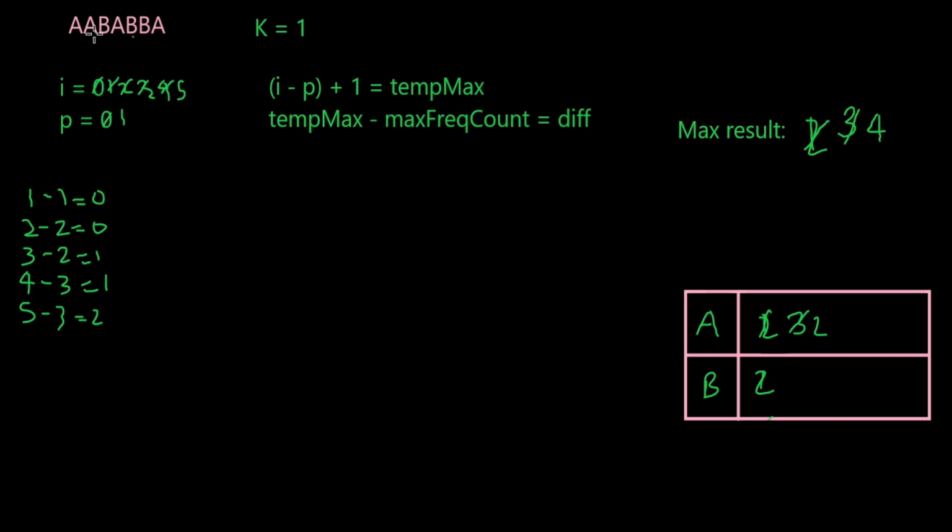And so our window is now going to be here. Let's write that properly. And i is now at 5, which is another B. So we're going to get 3.